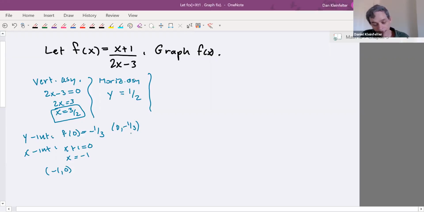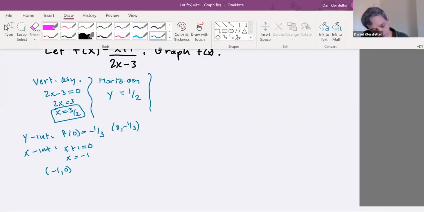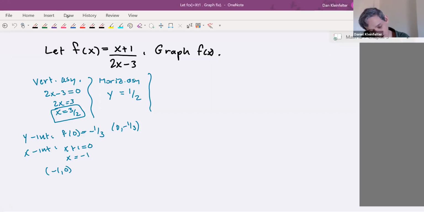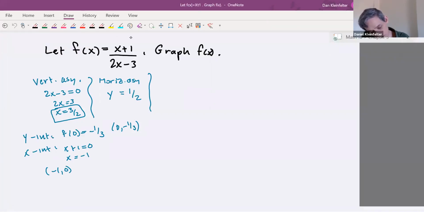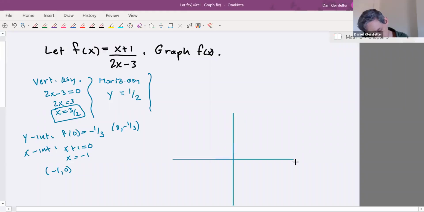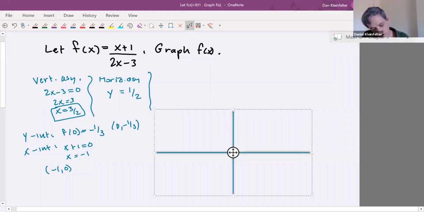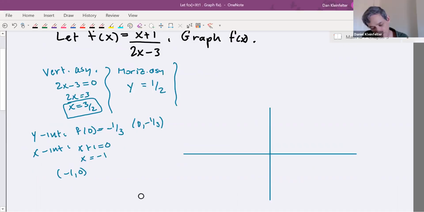Okay, and then now we're ready to start drawing the picture. So let me get some axes on here. There we go. All right. So it's a good idea to figure out some of this stuff before you try drawing the graph, right?